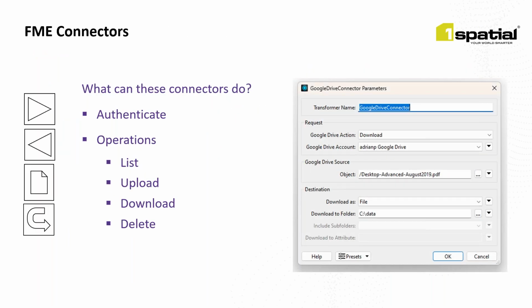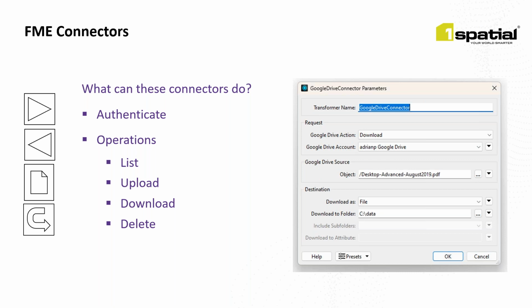So what can these connectors do? These connectors are GUI driven, as we can see in the example for the Google Drive connector on the screen. We have a number of factors we can set to allow us to perform our connection. Most importantly, we obviously need to authenticate, so we securely connect to our CDE. Then in most cases, we have a number of options.